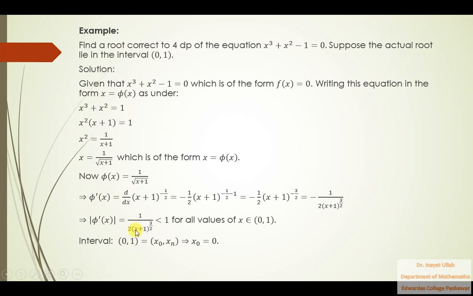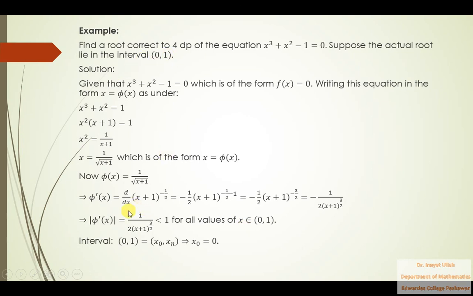And just look at this thing. If you ignore this whole function and look at this 1 by 2, 1 by 2 is actually 0.5, and we know that 0.5 is less than 1. So the absolute value of phi prime x is less than 1, and this inequality holds for all values of x between 0 and 1.